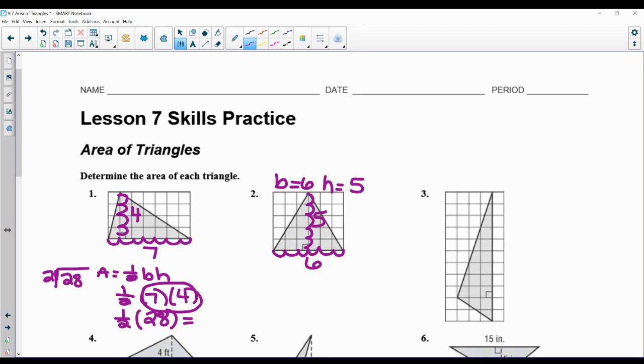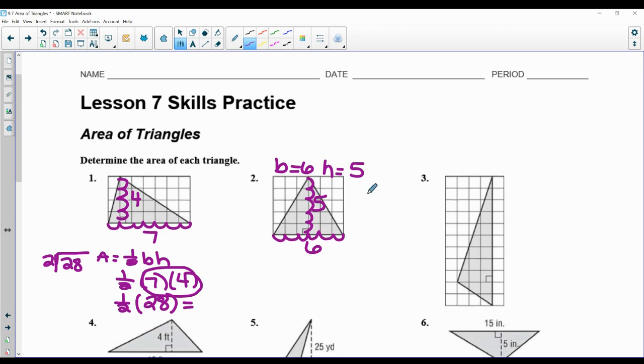For this question, number 3, your base is not this slanted one. The 90-degree angle would help you to determine. If we were to turn this one around, this now would be your base. So it would be 1, 2, 3, 4, 5, 6, 7, 8, 9, 10, 11. So my base would be 11.